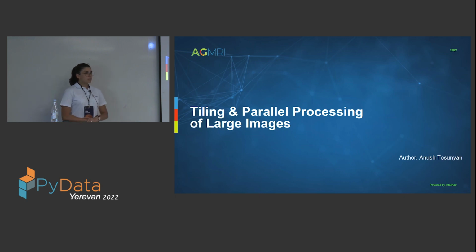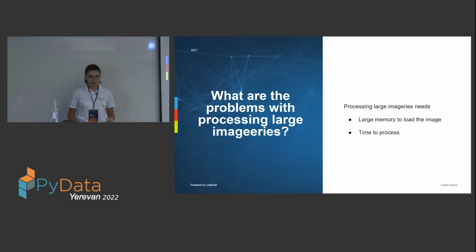The main data that we use is about 1 pixel equals 10 centimeters in resolution, and covering large distances, we get pretty large imageries, so processing that takes a lot of time, and we stumble upon several issues depending on what problem we're solving.